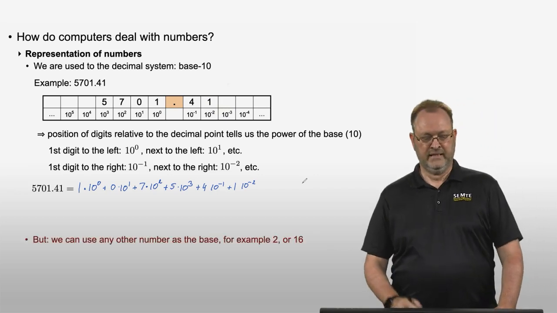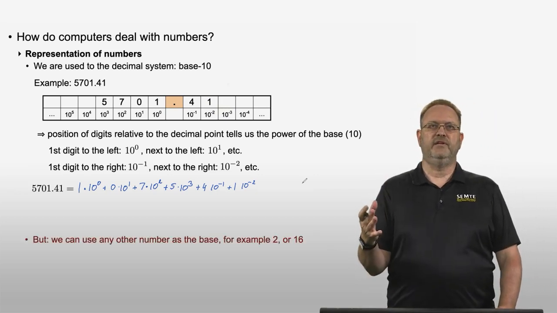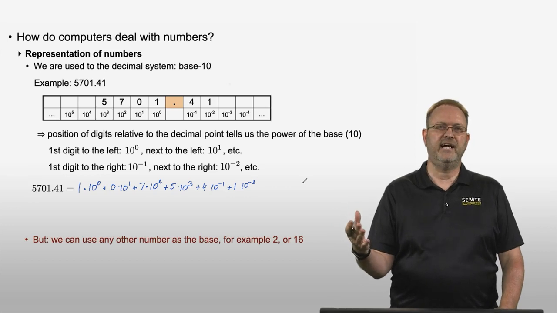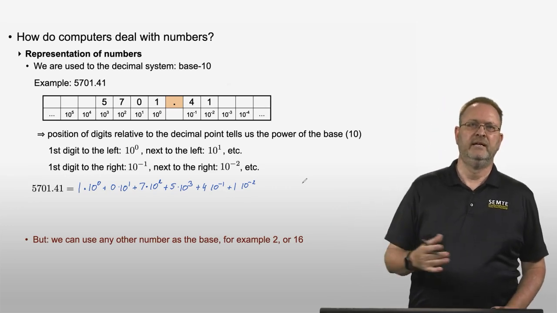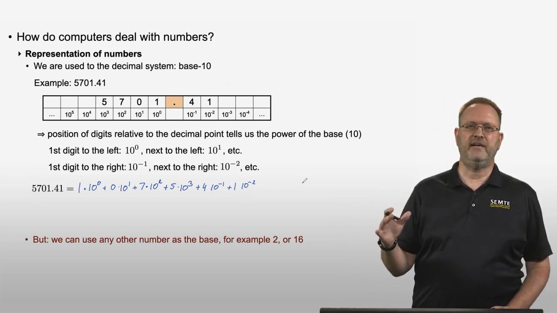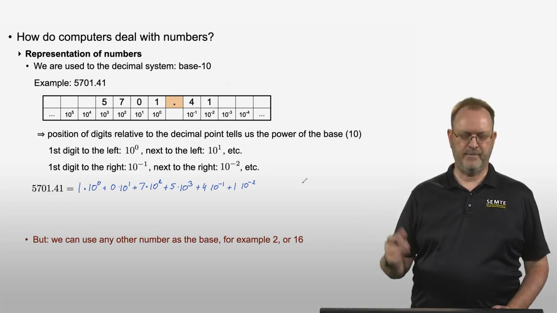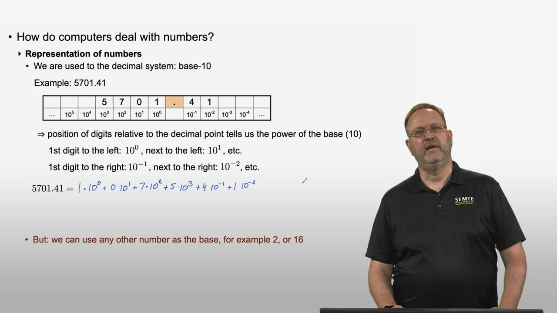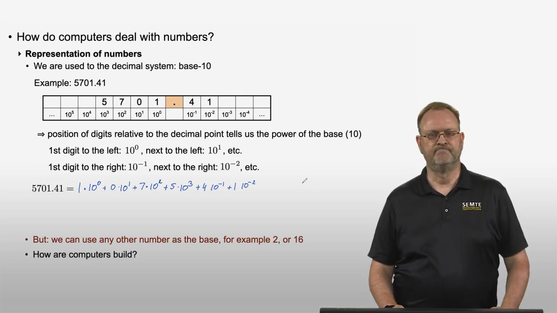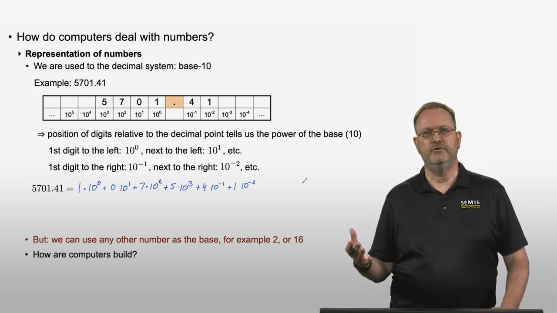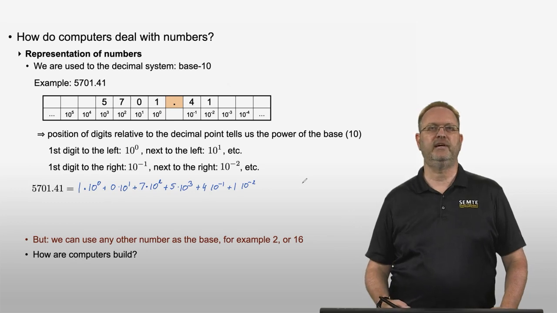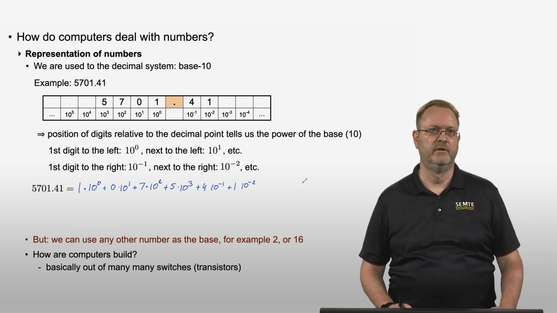Okay, so we've done this with the base 10 here as an example, which we're all familiar with. But this simple strategy can be employed to any other base. For example, a base 2 or a base 16. So which one should we choose if we deal with computers? Well, we have to look at how computers are built.